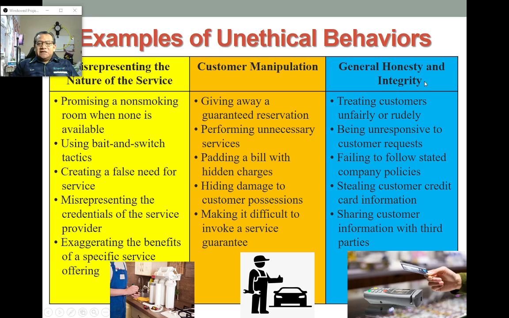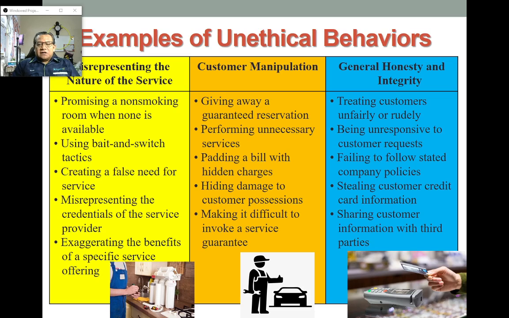And general honesty and integrity. Contact personnel must treat customers fairly and politely. However, in terms of honesty, they sometimes don't. They don't treat customers fairly and are rude. Contact personnel are sometimes unresponsive to customer requests.